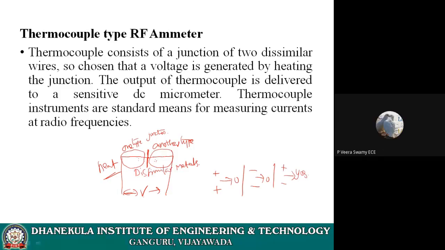Which is copper? Why? Because copper is a good conductor. Aluminium and steel are also conductors. Copper is also a conductor. Is there any specific reason why we are preferring copper instead of any other material?